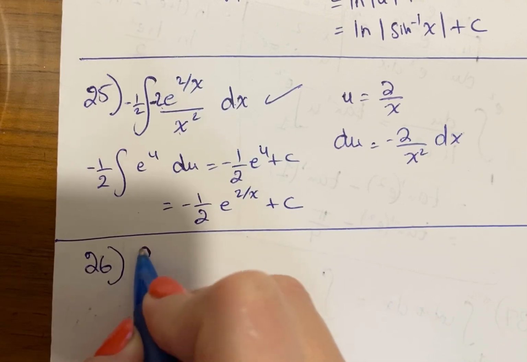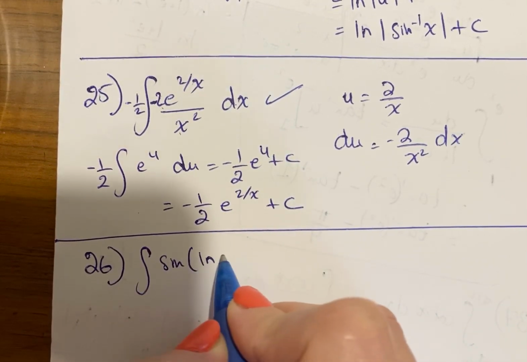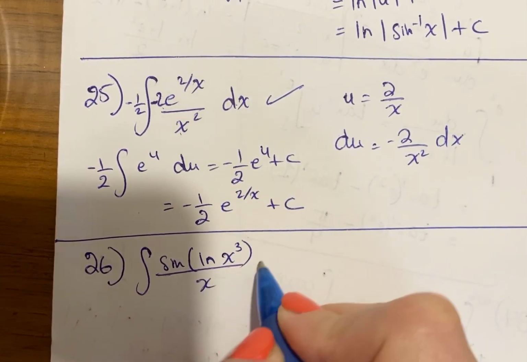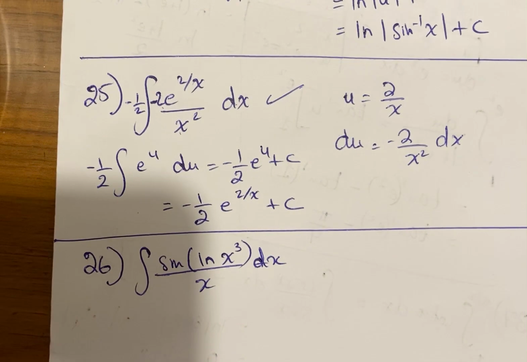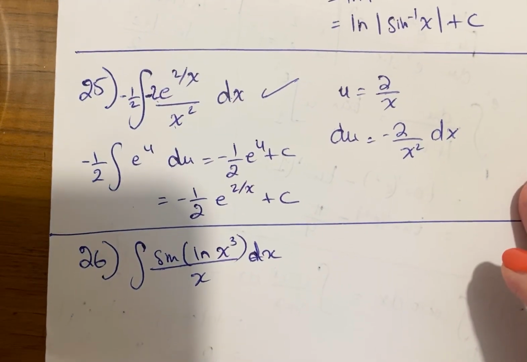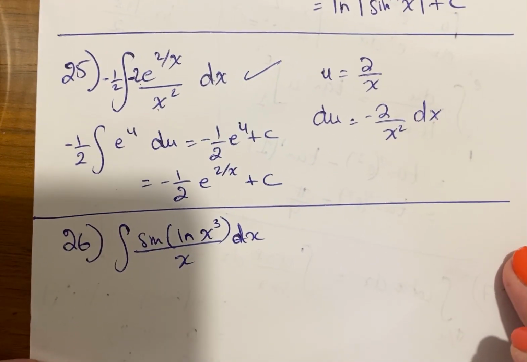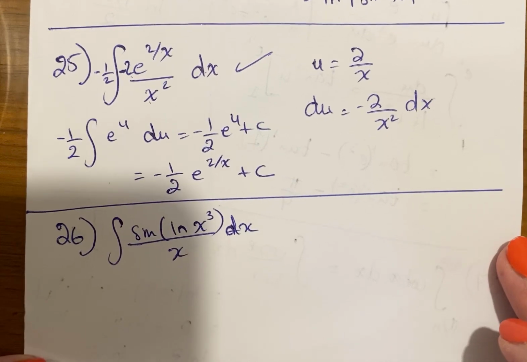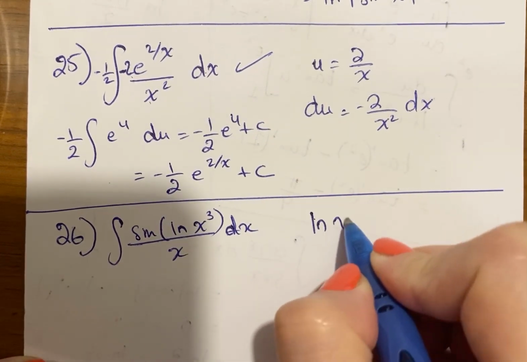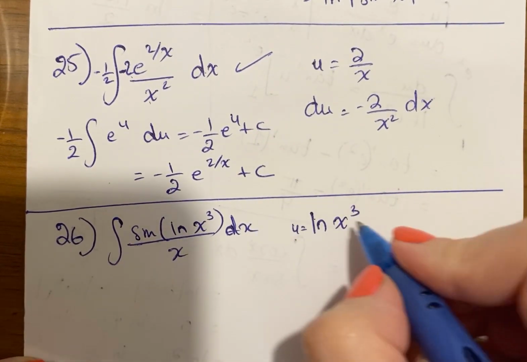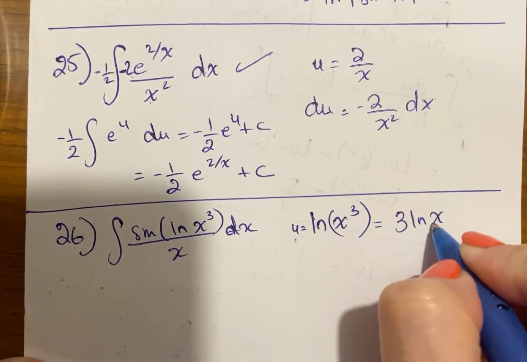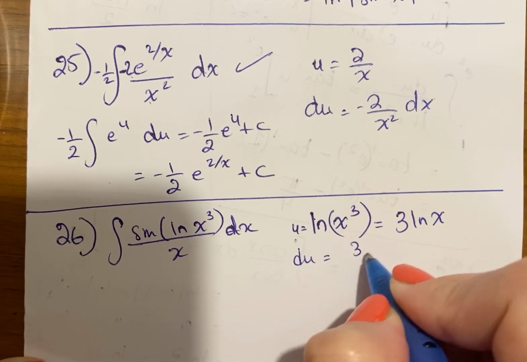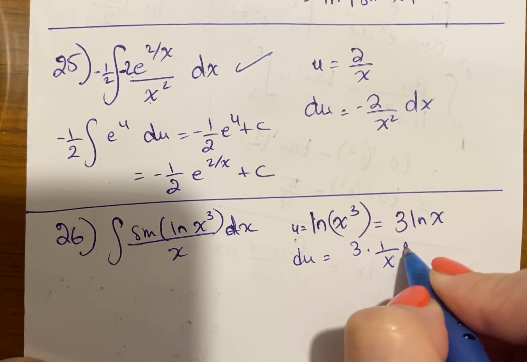26. Antiderivative of sine of ln x cubed over x dx. Students say, you told us ln x and 1 over x relate, but how about ln x cubed? Remember, what is the derivative of ln x cubed? If u is ln x cubed, ln x cubed is 3 ln x. So again, the derivative is 3 times 1 over x.